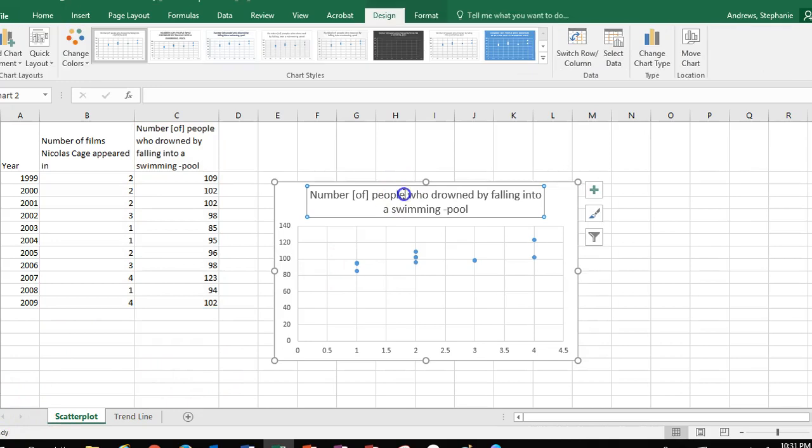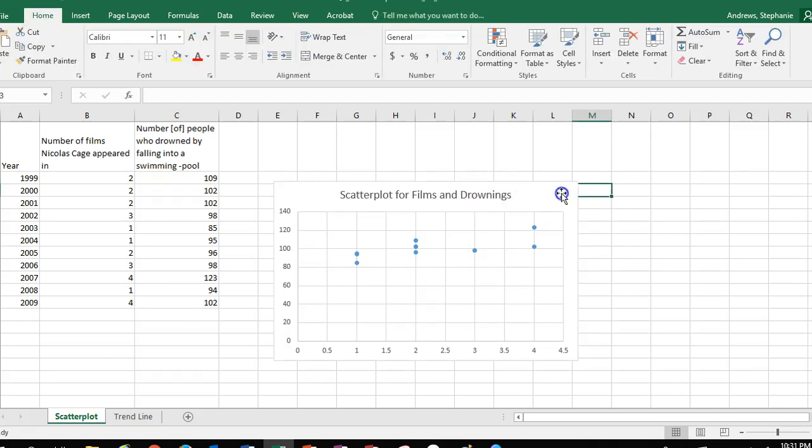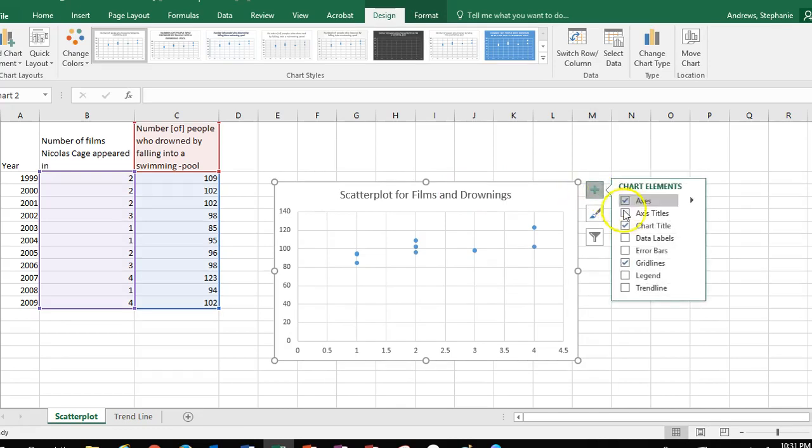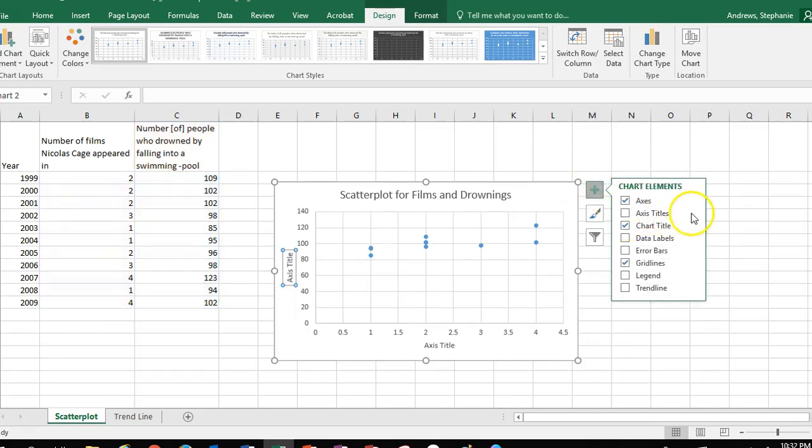So let's go ahead and clean this up just a little bit. Like for a title, I'm going to get rid of those words, and this is a scatter plot for films and drownings. If I highlight over here, get my plus, I can tell that I want some axes titles.